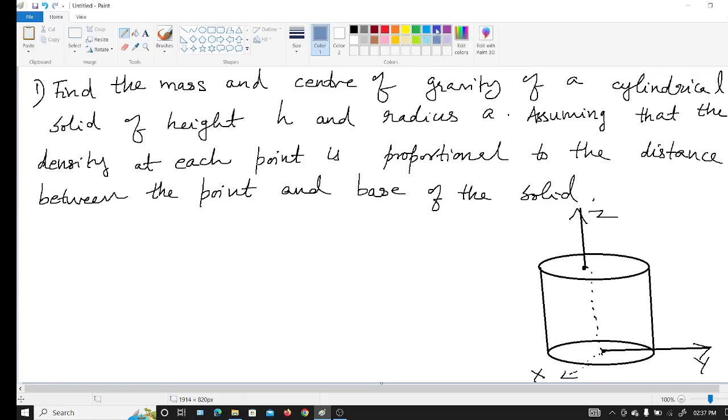Now we can mark the region of integration.